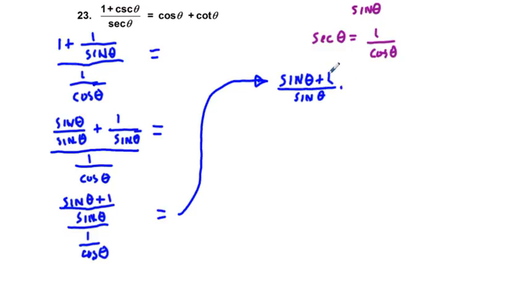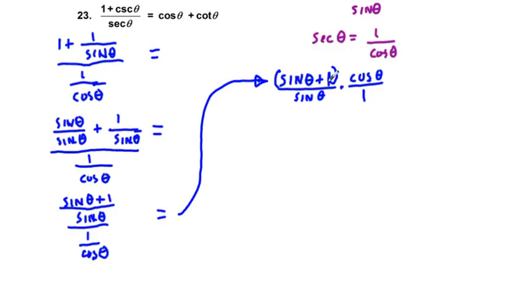And instead of dividing by 1 over cosine theta, we're going to multiply by its reciprocal, which is cosine theta over 1. Dividing by a fraction is the same as multiplying by its reciprocal. So that's all we've done.